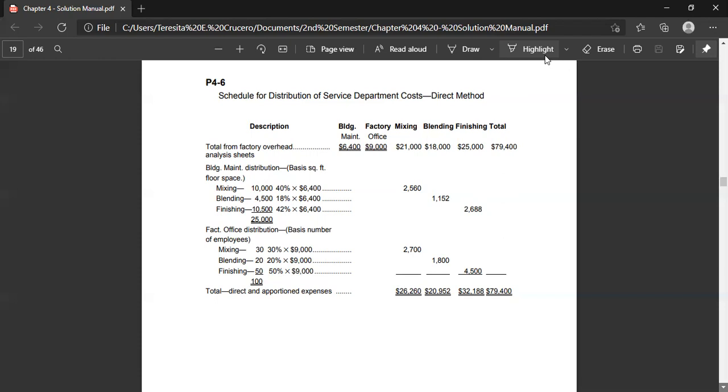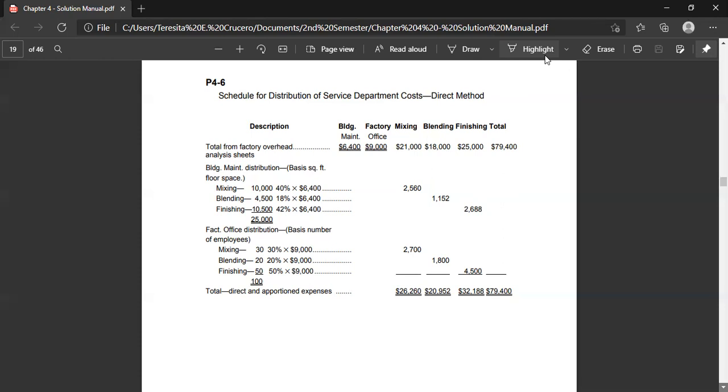And when we talk about direct method, the cost of the service department should be allocated directly only to the production departments. So in here, the building maintenance cost should be allocated based on floor space occupied.